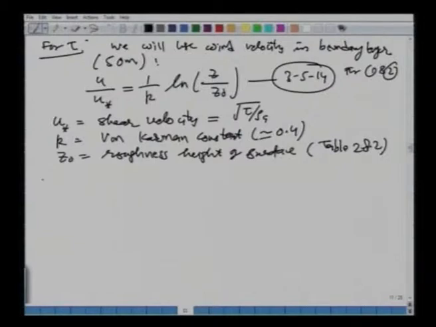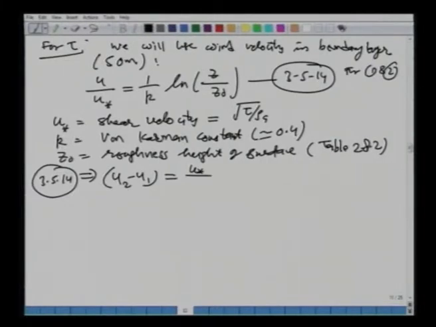Writing 3.5.14 at 1 and 2 will give you u2 minus u1 is equal to, after certain simplifications, u star over k times natural log of z2 over z naught minus log of z1 over z naught.